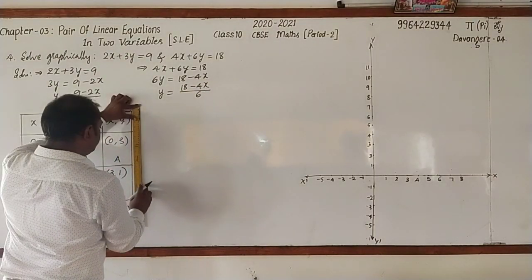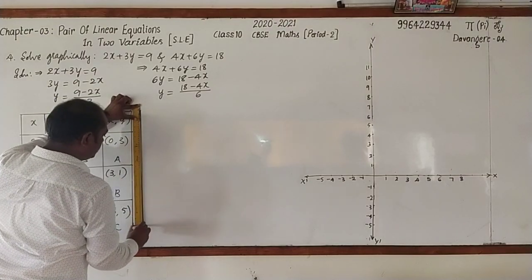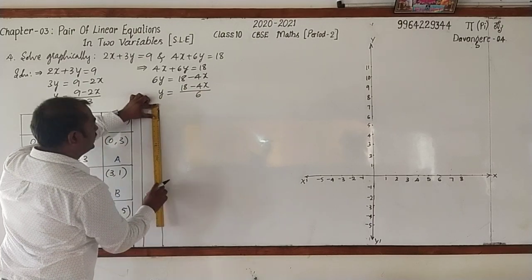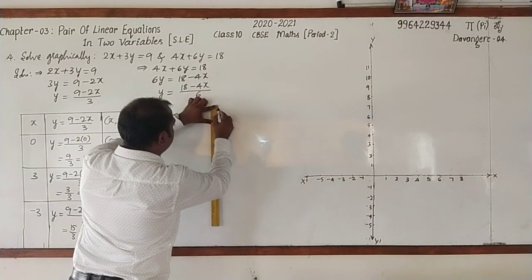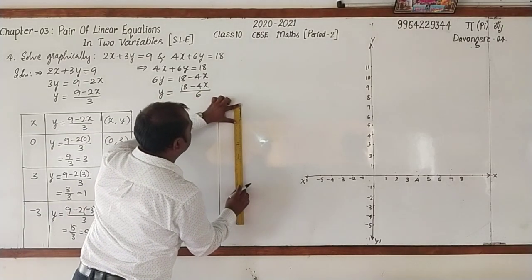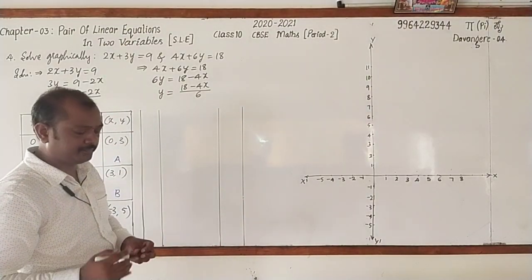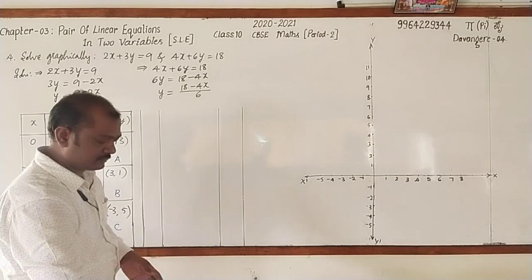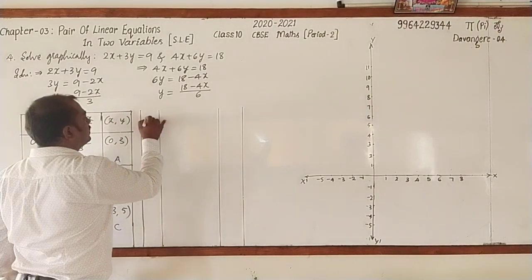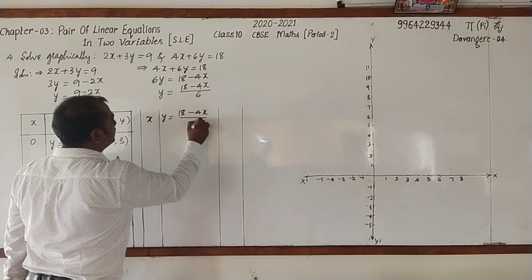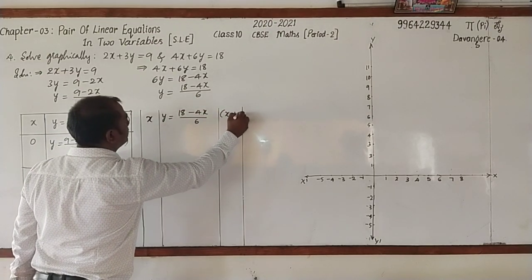Let us go for finding the coordinate points. I'll draw the table. First column for x, second column for y, third column for the ordered pair x comma y. Here I'll write x, where y is 18 minus 4x by 6.